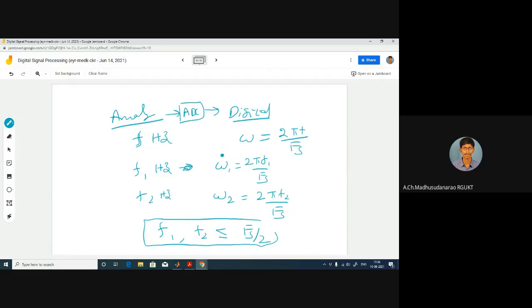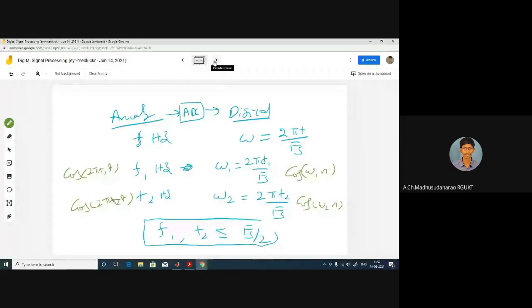This is cos omega 1 n, and this is cos omega 2 n. If my input is cos 2 pi f1t and this is cos 2 pi f2t, after applying to ADC, I get cos omega 1 n, cos omega 2 n as follows.